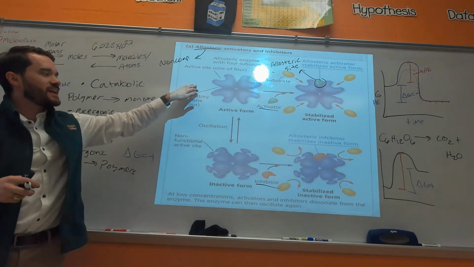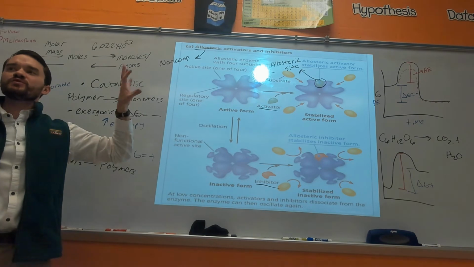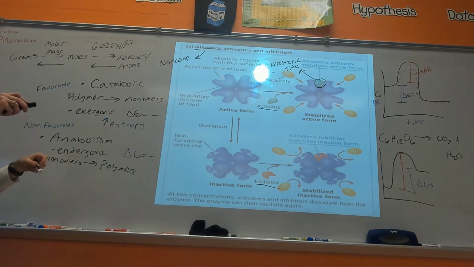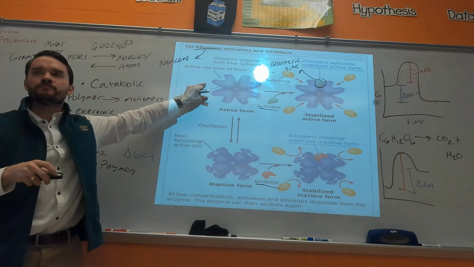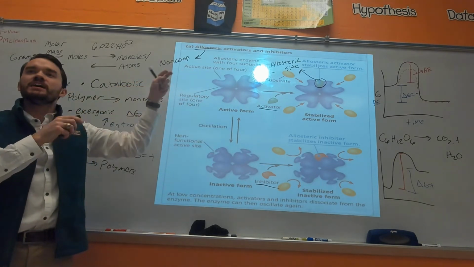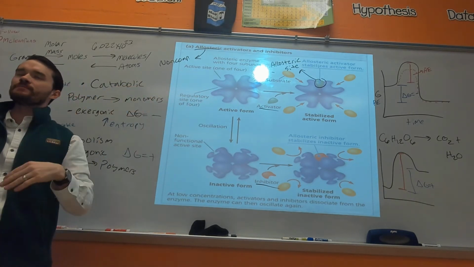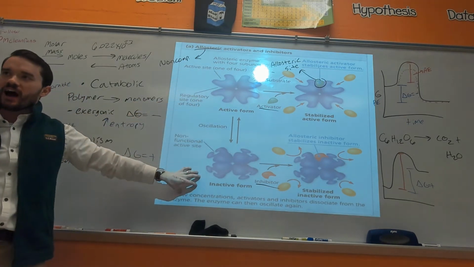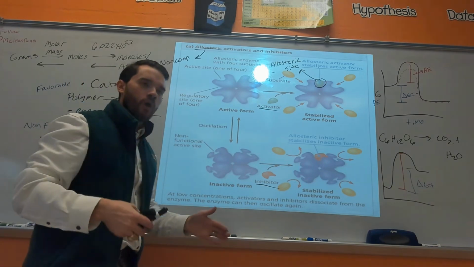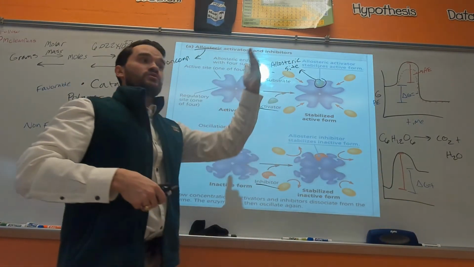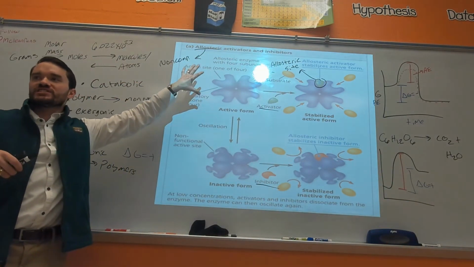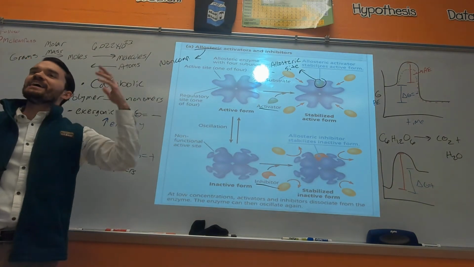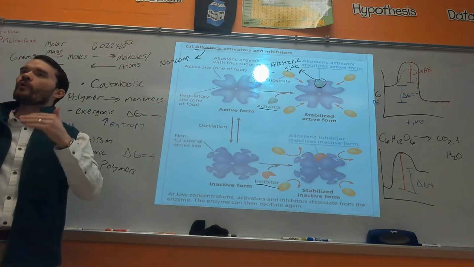Now right here, this is kind of interesting. When you learn about enzymes in freshman bio, you kind of just see them as a stationary molecule with an active site, but they actually oscillate between being active and non-active. Active, non-active. Kind of like how you might walk. You could run, make it more active, or you could just sit down and make it more non-active. The reason for that is, naturally we don't want enzymes always being active.